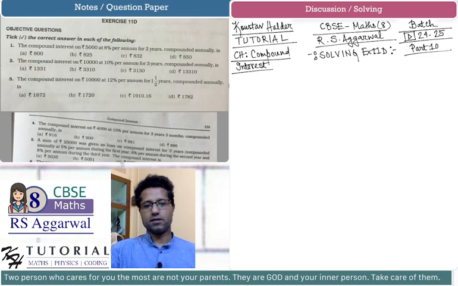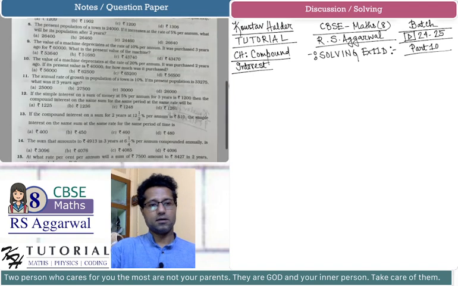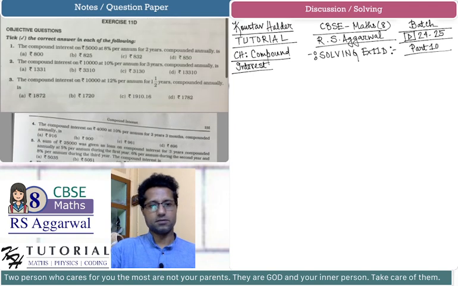On the right hand side, I will solve the problems and we'll pause for a few seconds after solving a problem so that you can take a screenshot of the solution if you think it will help you. So let's get started. These are all MCQ questions. There are a total of 15 questions.